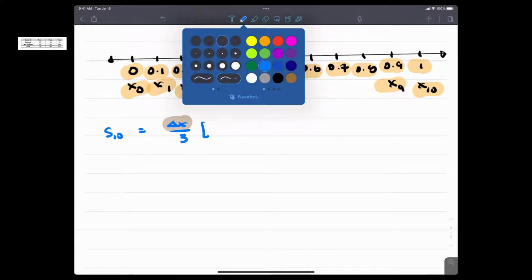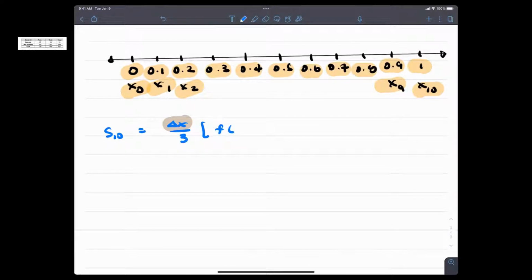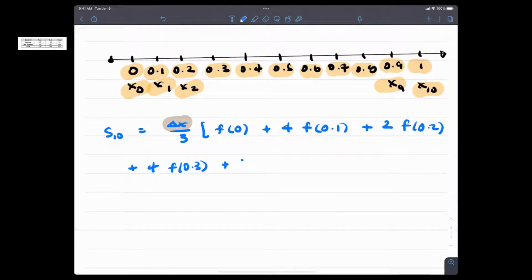So this is going to become, remember the formula? This is f of 0. That's the x naught. You guys remember? What's the sequence? 4 f of what? 0.1 plus 2 f of point what? 2 plus 4 f of 0.3 plus 2 f of 0.4 plus 4 f of 0.5, right?